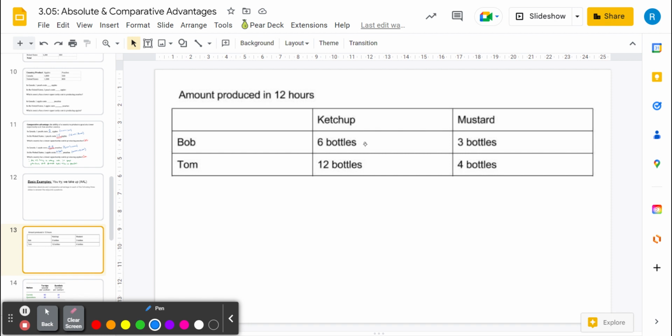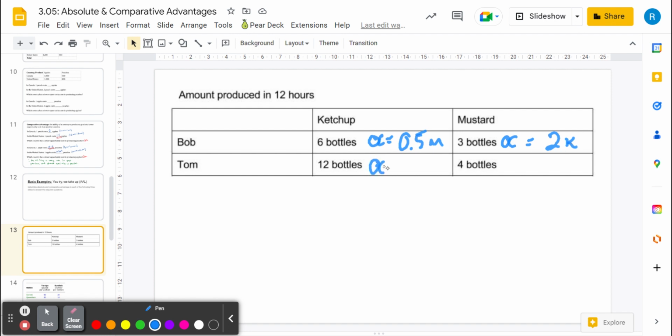So the opportunity cost of Bob producing ketchup would be 0.5 mustard, right? Because 3 divided by 6, in the time to make one ketchup, he could have made 3 mustard, and then vice versa here. So the opportunity cost here of a bottle of mustard would be 2 bottles of ketchup. So I'll say 2K.